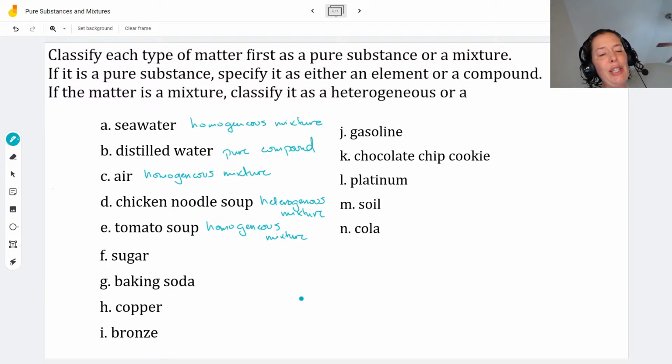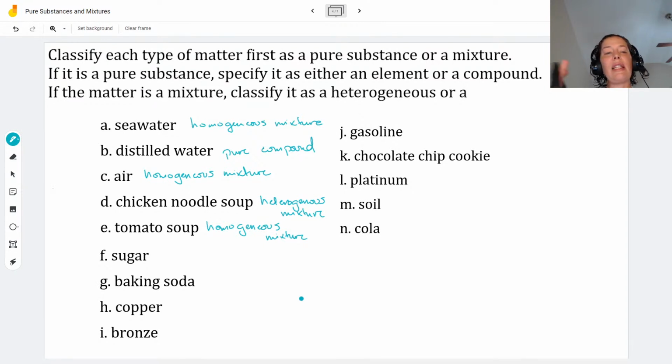Okay, but on to F, sugar. All right, so sugar, first pure substance or mixture. It's definitely not a mixture. So it is a pure substance, assuming you've got just a bag of pure sugar. But is it an element or is it a compound? Well, sugar is made of carbons and hydrogens and oxygens.